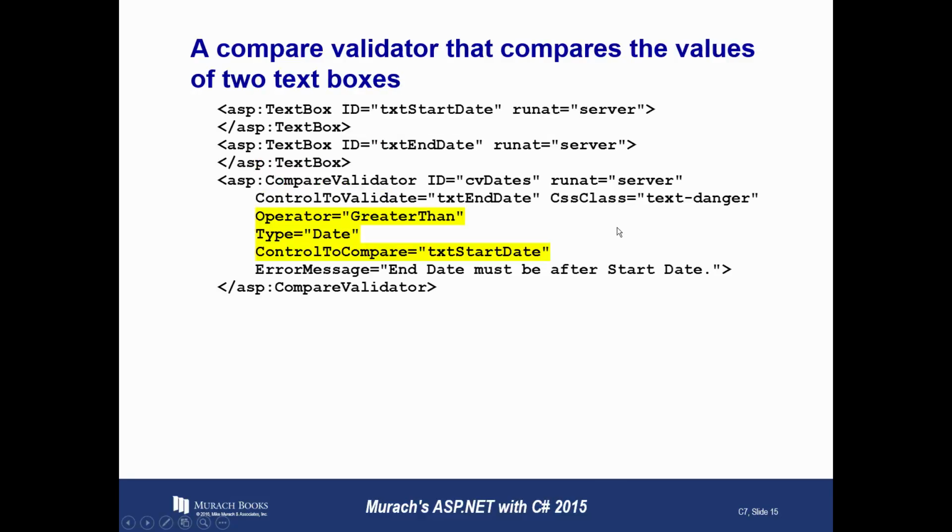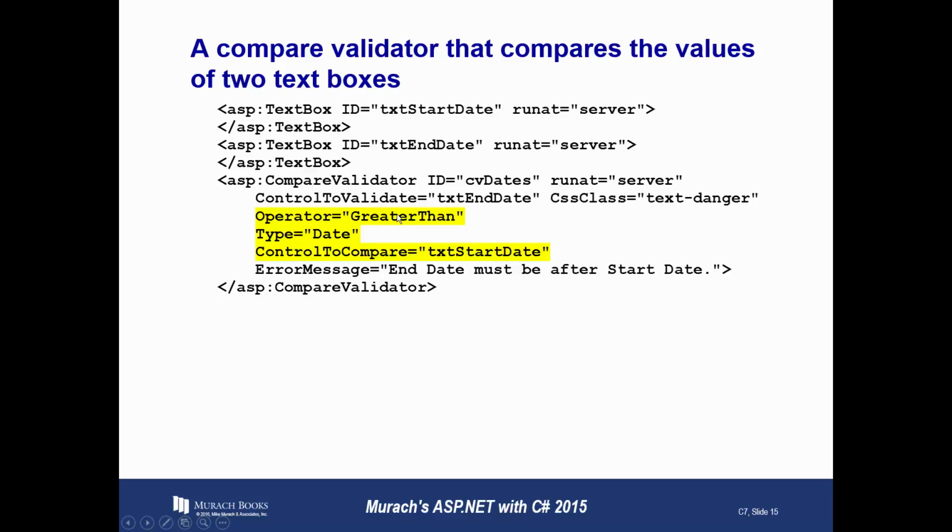So here's comparing the value in two text boxes. This is similar to what we did for the password and the re-enter password. Our control to validate was text box re-enter password, and our control to compare was text box password.